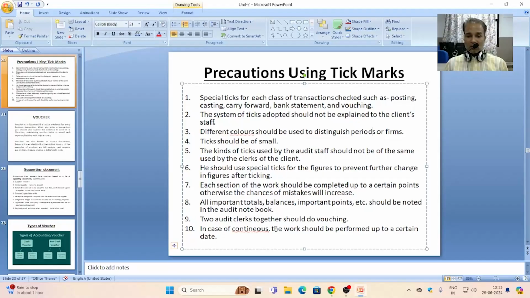Always two clerks together should do vouching, because vouching is a comparison between the transactions contained in books of accounts and the evidence of transactions or bills.